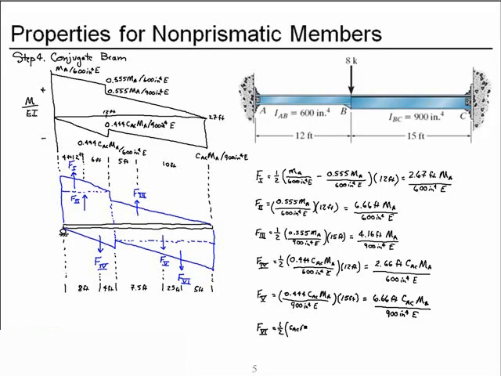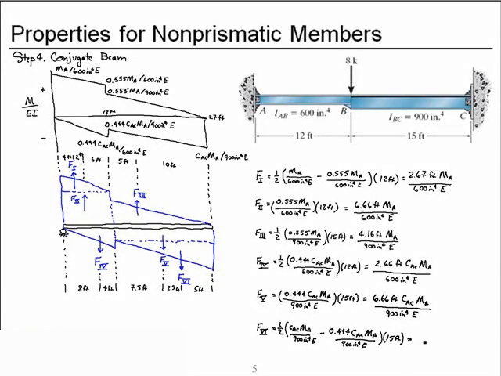So you have the carryover times the moment divided by 900 inches to the fourth E minus the 0.444 carryover factor, moment at A, divided by the 900 inches to the fourth E for this segment, and it is 15 feet long.